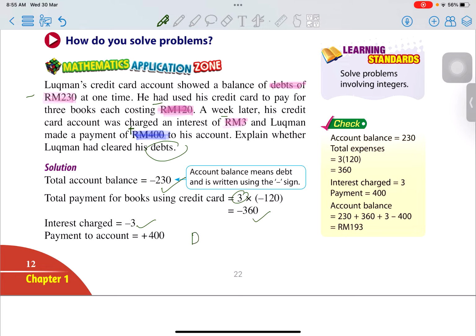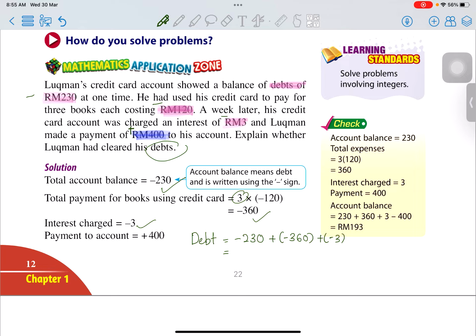So now the total debt here: his debt is negative 230, plus negative 360, plus negative 3 ringgit. This one is his debt. So what does the total become?